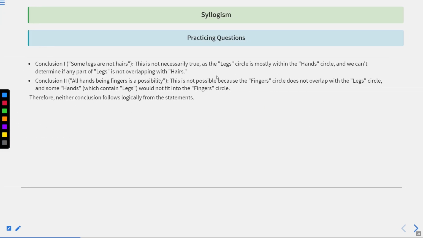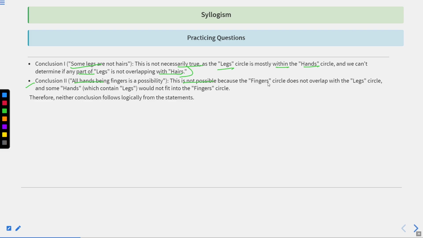Okay, so this we have already studied. Conclusion 1, some legs are not hairs. This is not necessarily true. A leg circle is mostly within the hand circle, and we cannot determine if any part of the leg is not overlapping with the hair because there is no linkage between them. Conclusion 2, all hands being fingers is a possibility.